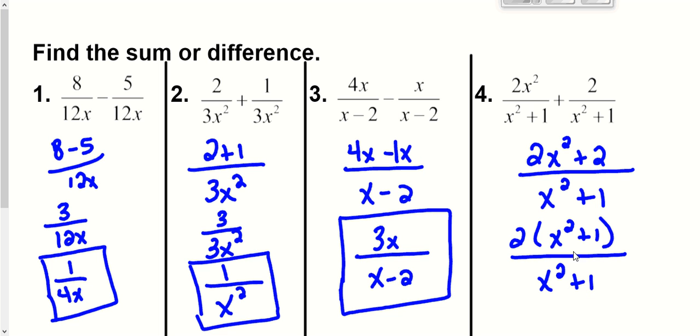So 2 is now multiplied by this x squared plus 1, and I have an x squared plus 1 on the bottom. Since it is a cross multiplication, the x squared plus 1s can cancel. And doing that leaves me with just the 2 on the top for my answer.